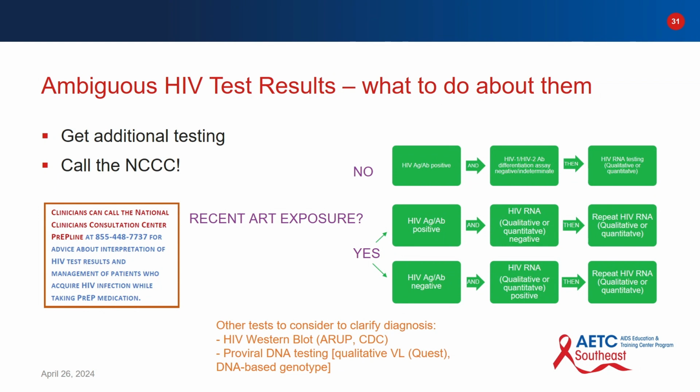Additionally, you can do proviral HIV DNA testing, and there are a couple of different forms of proviral testing that you can do. You can do a qualitative viral load, as we do to diagnose, which is one of the recommended tests to diagnose infants who have perinatal exposure. And the other option, because that actually is also sometimes difficult to obtain, the only lab that I know of that does that is Quest.